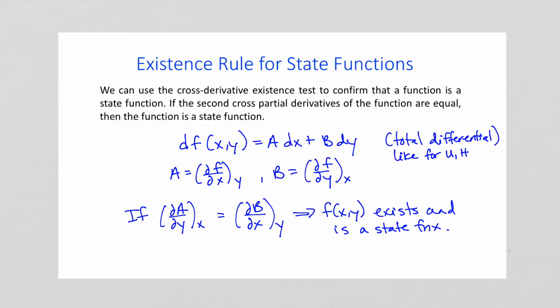Remember, a and b individually are already derivatives. That's where that second cross partial derivative comes in.